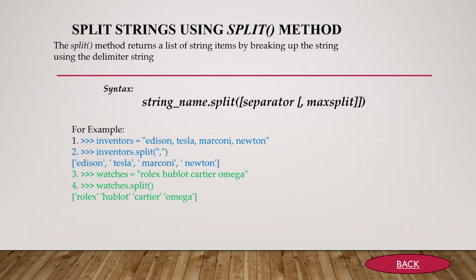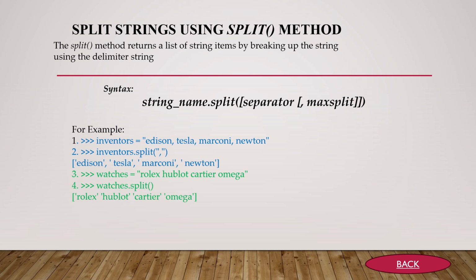The split method returns a list of string items by breaking up the string using the delimiter that we give. The syntax is that we need to give the separator and the maximum split. Here the separator is the delimiter, which is optional, and a given string is split into a list of strings based on the specified separator.